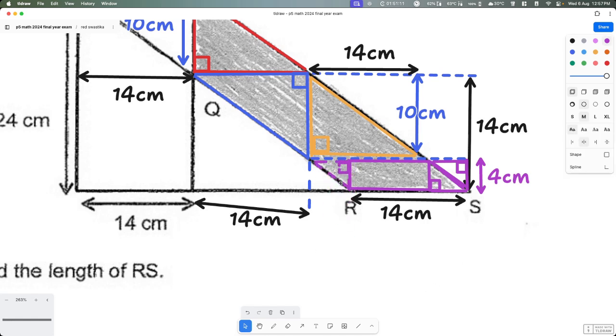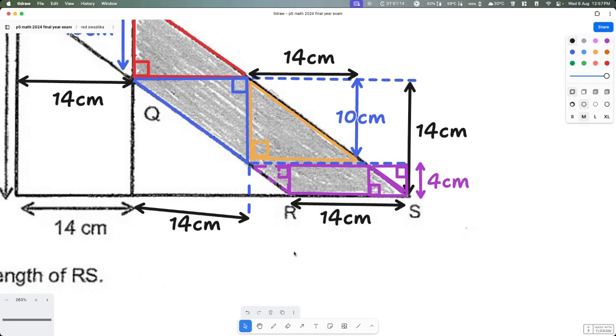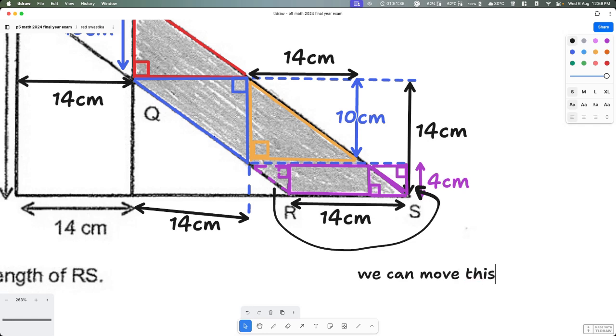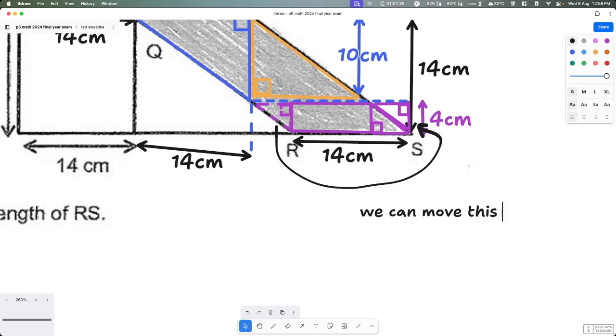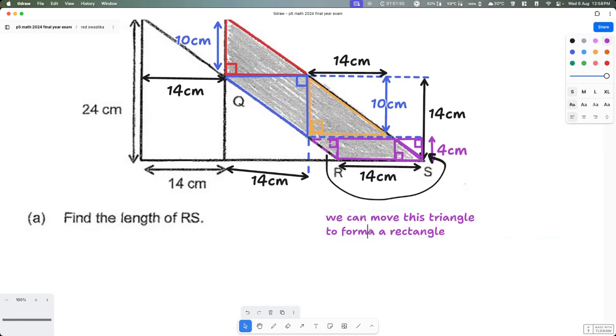This whole thing, we can move it, let me make this small, move it here. Yeah, something like that, right? So we move it here. So we can move this triangle, make it purple, to form a rectangle.